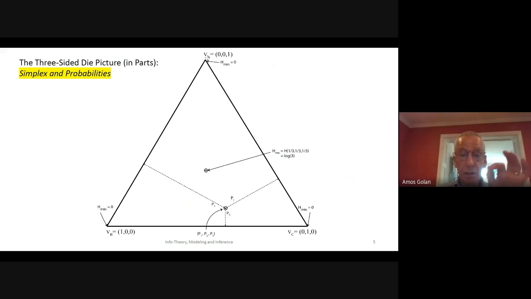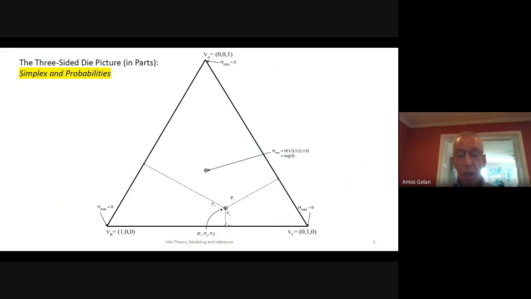And this is the three-sided die. The top face is 3, and it's a probability of 1 on 3. And of course, every point in between. For example, in this point here, you can see that this is P2 because it's closest to 2. So this is P2, which is greater than P1, greater than P3.